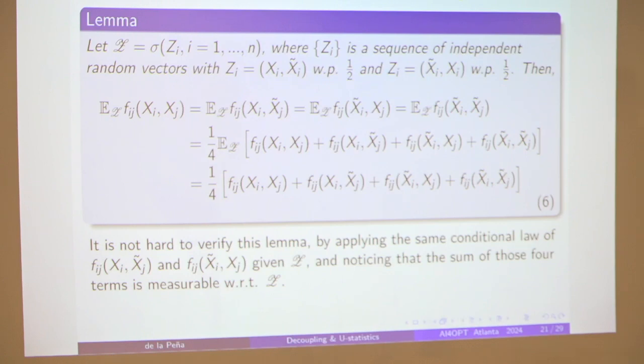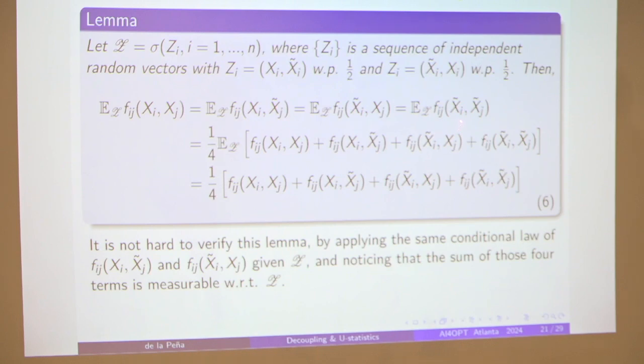Then the expected value of f sub ij of xi xj given the sigma field generated by this is going to be the same if you replace xj by xj tilde because of the sigma field that we're using, and the same for all of them.